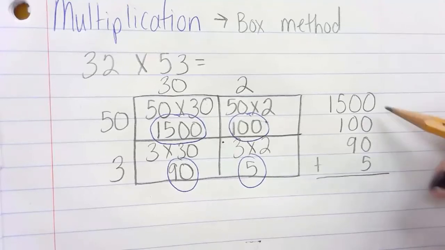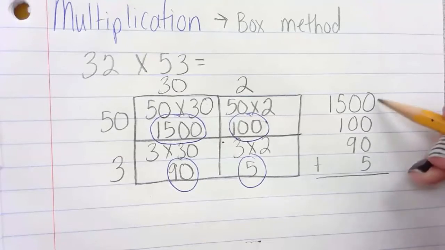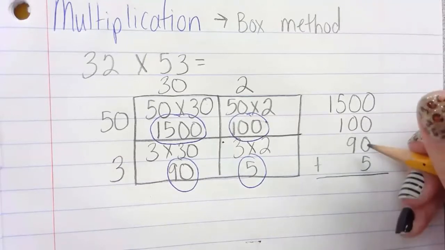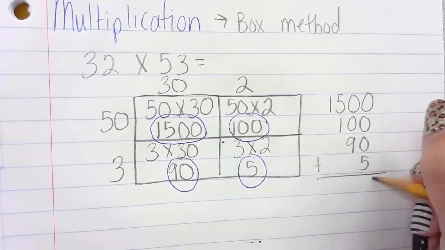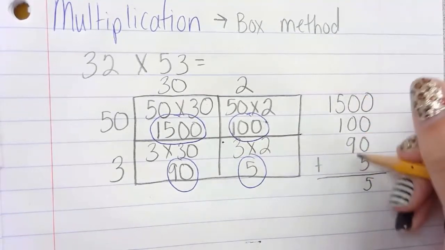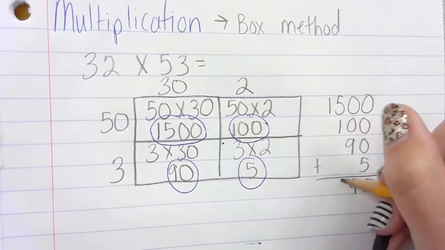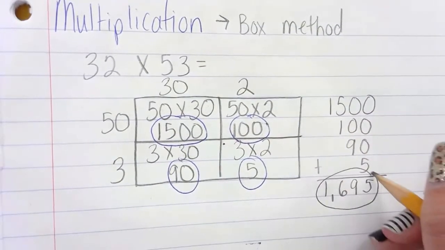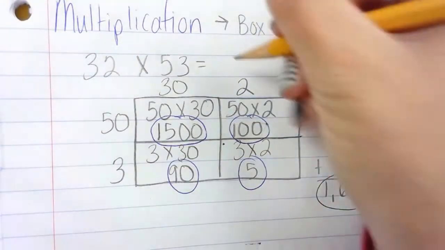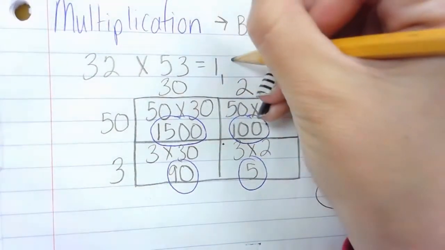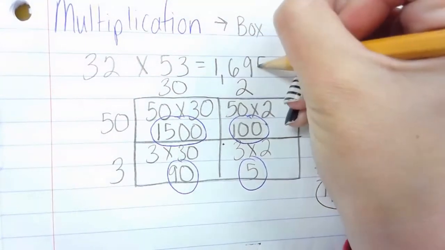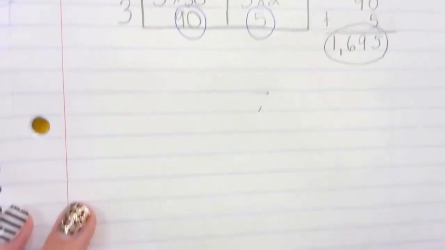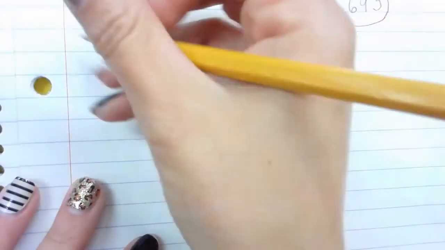So I like to write a little bit bigger and put one number, take up the whole space on your paper. So my ones place value would be 6, 9, 6, and 1. So my final product for 32 times 53 is going to be 1,696.